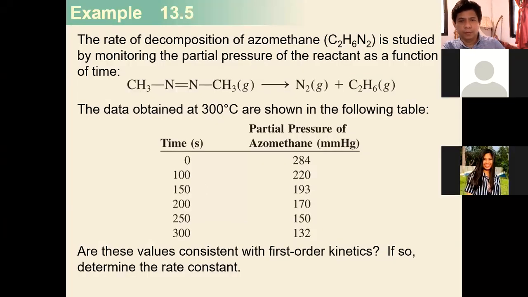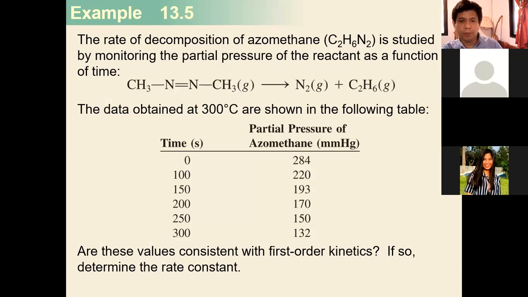Okay. So I decided to start with this problem. In this particular problem, you are asked to determine the value of the rate constant, and also to confirm that this is a first order kinetics.